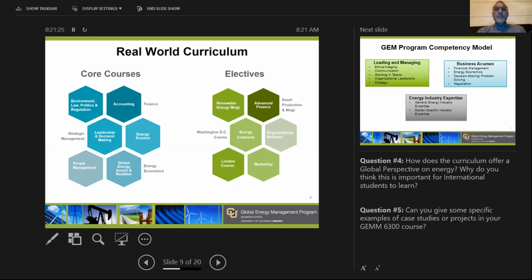We're dealing with major companies, we're dealing with small companies, and if a person enrolls in the GEM program, given its international perspective, then that international experience is already implied. They will have the bird's eye view of how things are done within the United States or Europe, for example, as opposed to China, as opposed to South Africa.